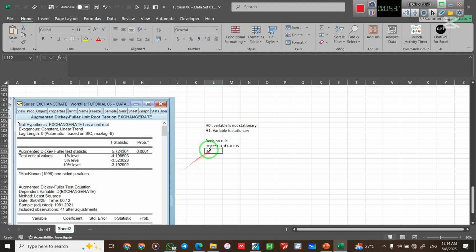That means we are going to reject our null hypothesis if the probability value is less than 0.05. In this situation, we can see the probability value of the ADF test is less than 0.05. That means we can reject the H naught and accept the H1, the alternative hypothesis. That means according to the unit root test, the exchange rate is stationary at its level data, right?